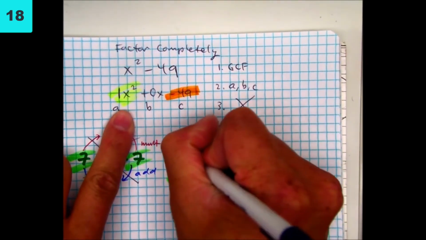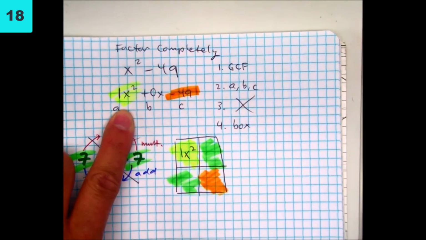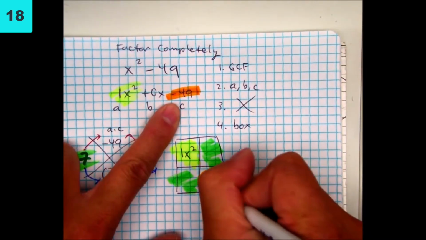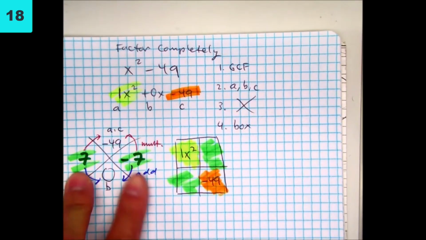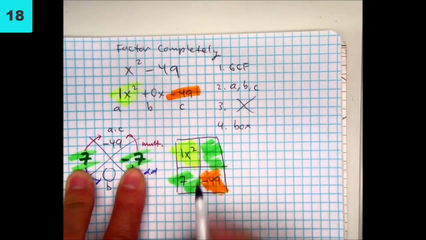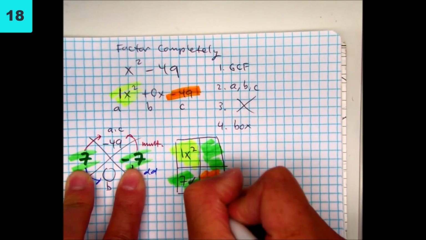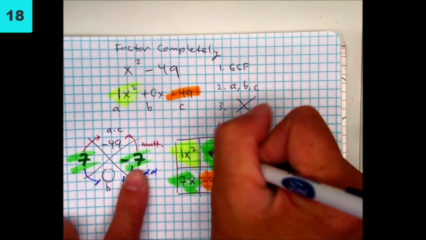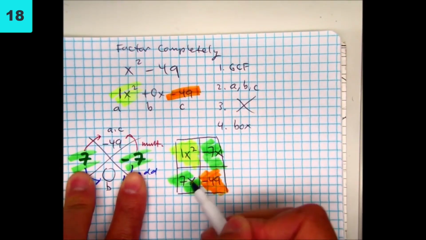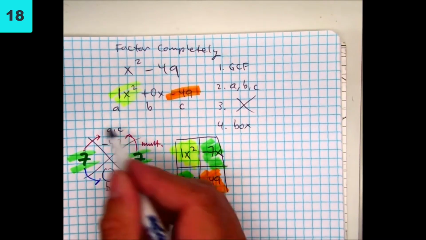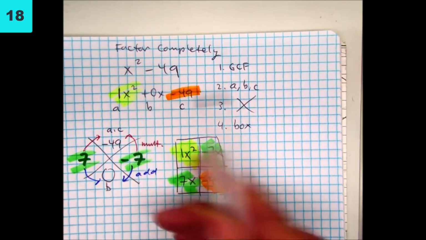So I have a 1x squared, I have a negative 49. These 2, I'm going to have 7, and pay attention, I'm going to add an x, and I have here a negative 7x. So the only difference here in the green there is I added an x. So basically what this does is it splits the middle term.